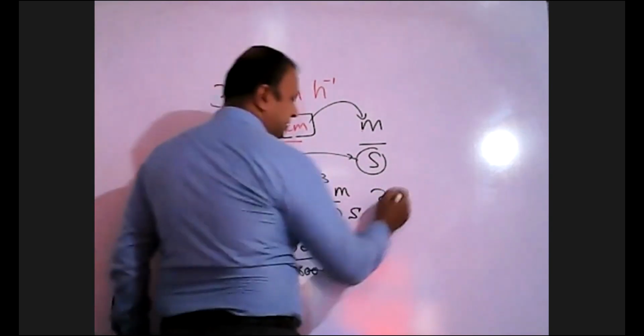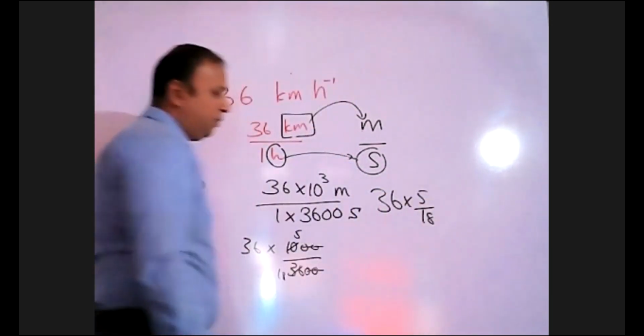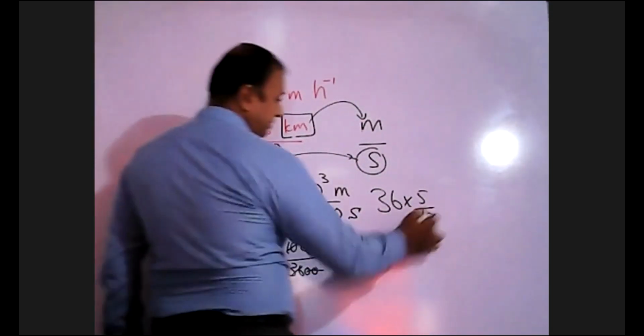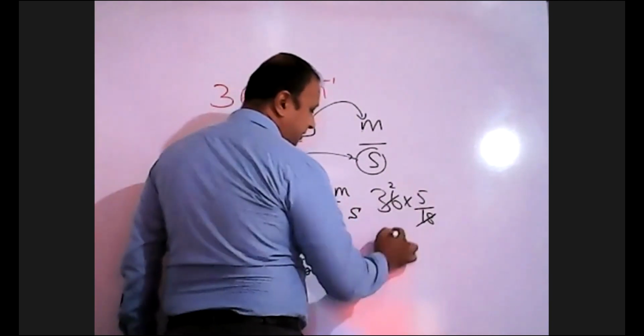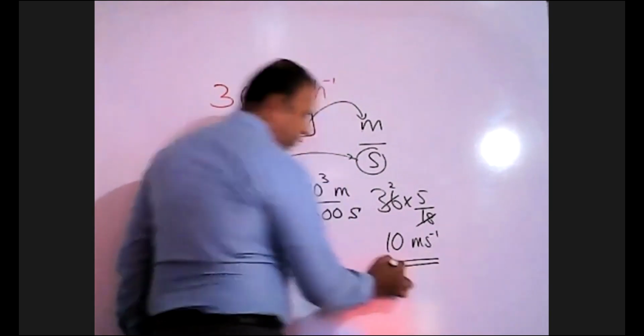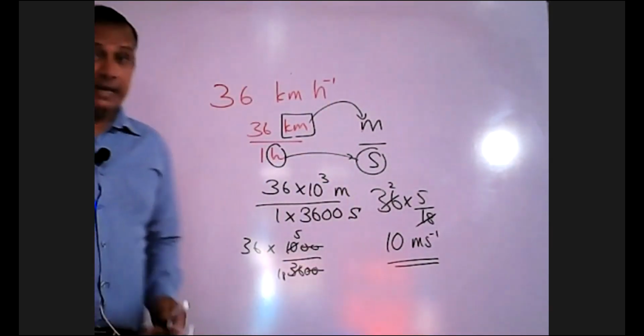So 36 should be multiplied by 5 over 18. What is the answer? 10 m s^-1.